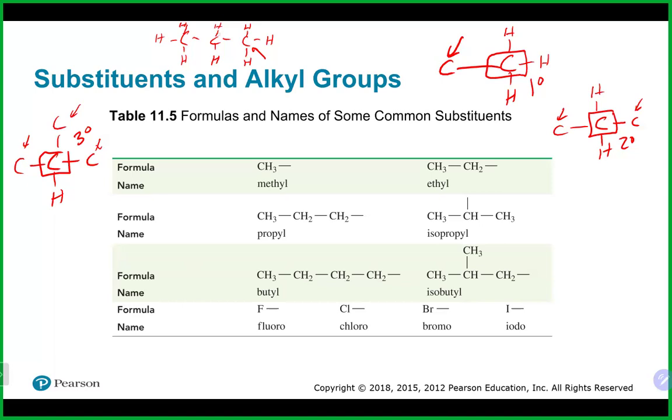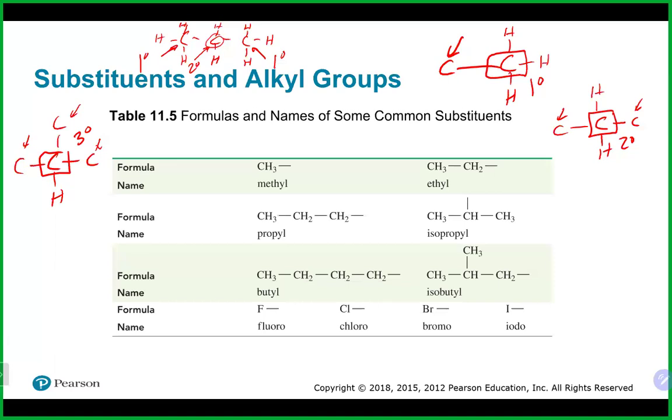It's only directly attached to this carbon, right? And that would make it a primary carbon, right? The one I just circled in the middle would be a primary, secondary, or tertiary carbon? It would be a secondary as it's directly attached to 2 carbons, one to the right, one to the left. And the carbon at the end here would be a primary carbon.